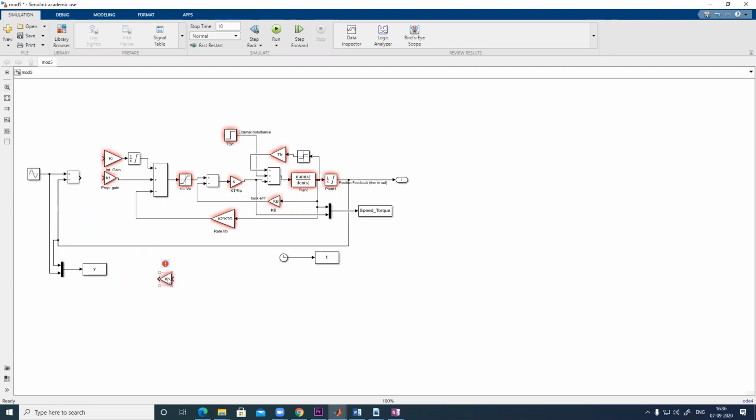This Kp you have to use in the forward path only, because you are giving theta C as reference. So Kp will be in the forward path, and theta C reference is giving here, and it is coming here as proportional gain K1 and integral gain Ki, and it is integrating using analog circuit op-amp.